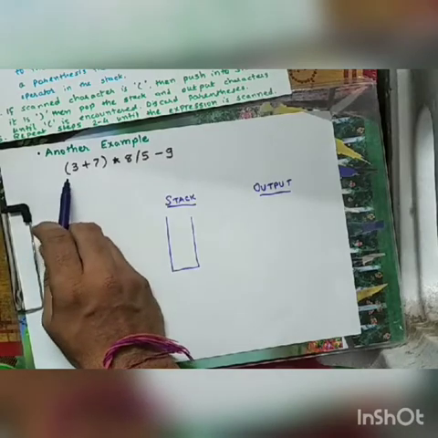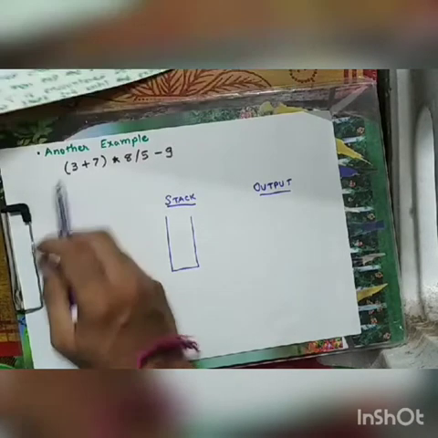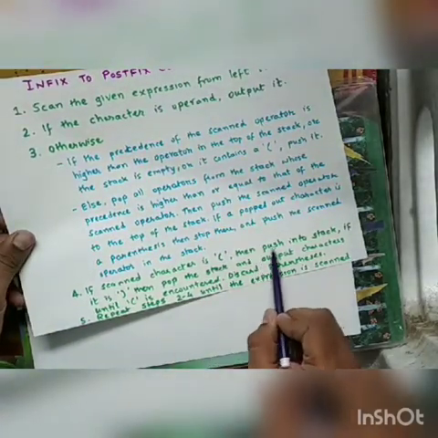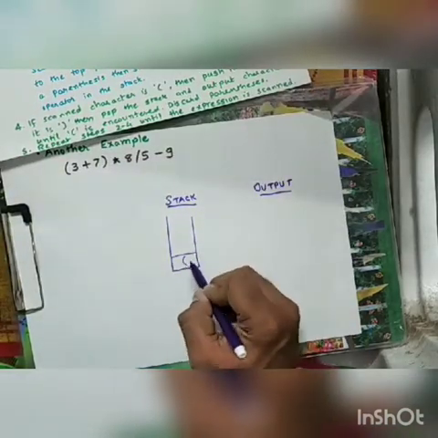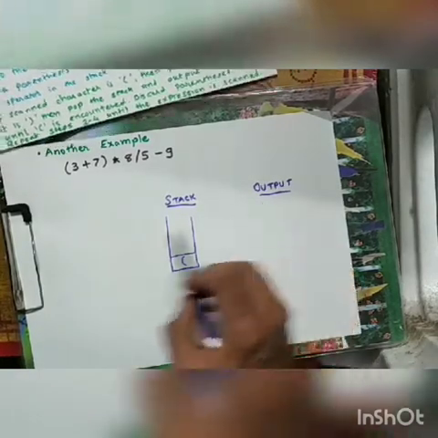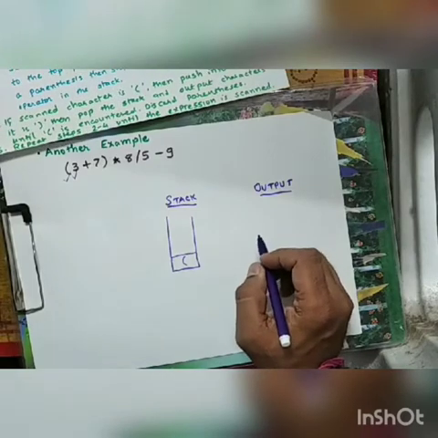Very first encountered symbol is an opening bracket. If we look at the algorithm, if the scanned character is an opening bracket, then push it into the stack. So we will straight away push that into the stack. Then we encounter 3, which is an operand. What was to be done with an operand?